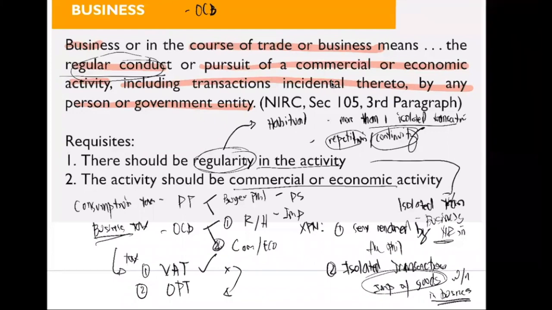You are subject to OPT if you are non-VAT registered, and also you have transactions that are specifically subject to percentage tax. And aside from paying this type of business taxes, you have an add-on tax. We call that your excise tax, because this is considered an ad valorem tax. Okay? So far, I hope we are still clear as to these different topics.